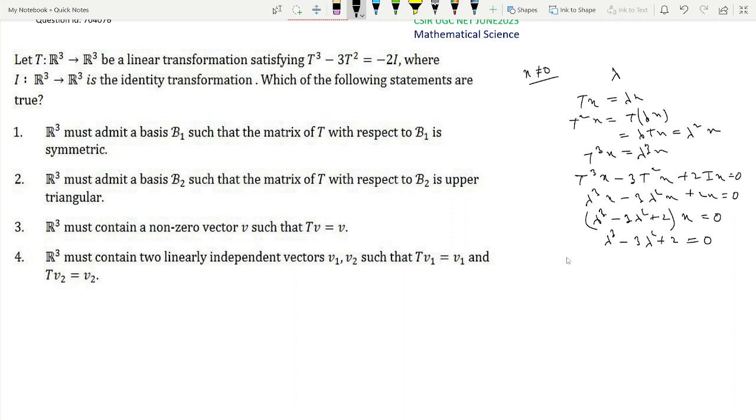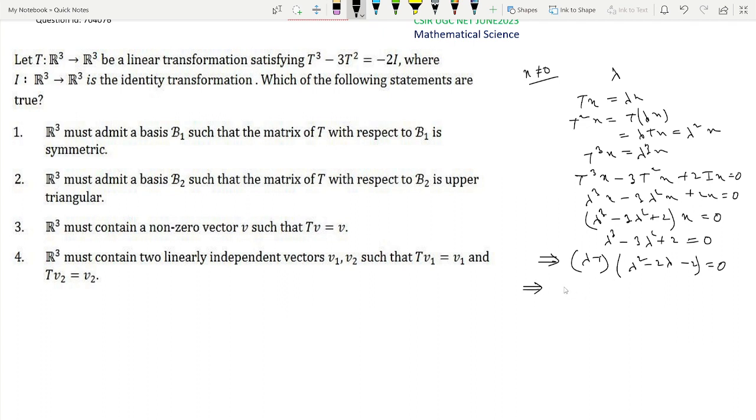So let us now first factor this equation. Clearly 1 is a factor of this, and just solve by yourself, a simple verification. This will be lambda minus 1 into lambda square minus 2 lambda minus 2 equal to 0. By the vanishing method, like that you can solve this.